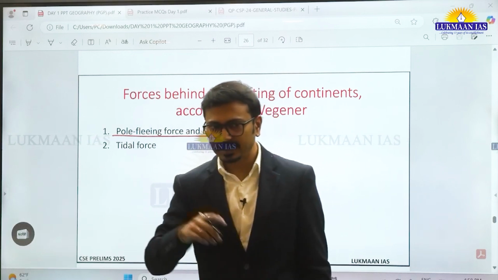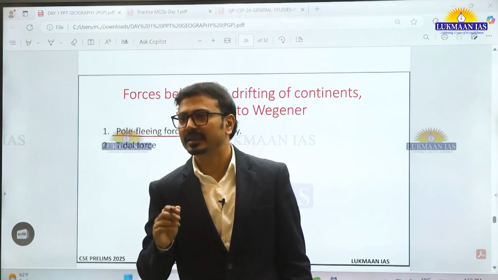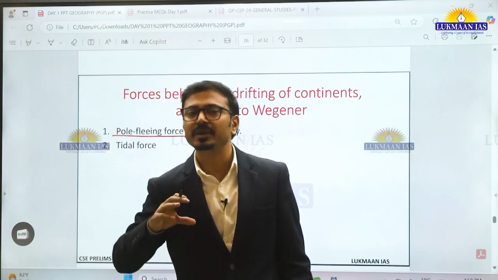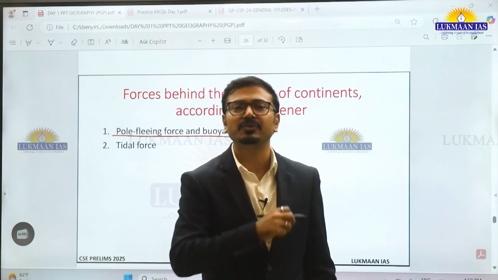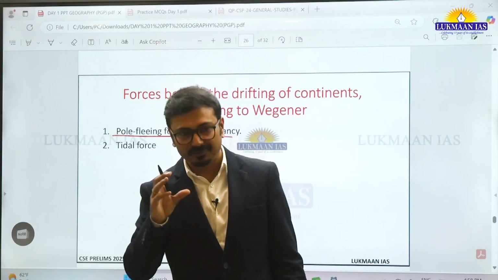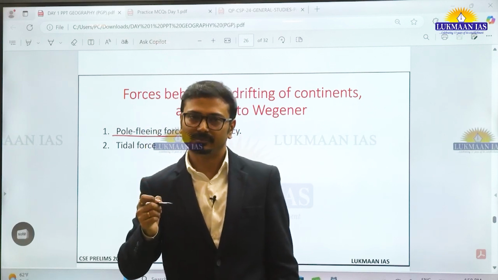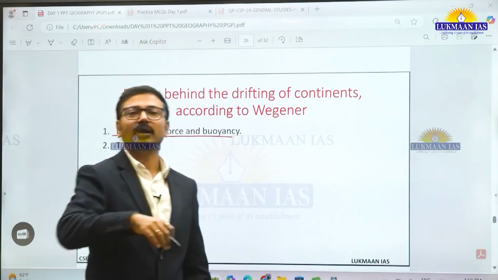And if the body is rotating, what will happen to the solid parts? They will move away from the axis because of centrifugal force. And when they are moving away from the axis, they will move from pole towards the equator. Basically, this is polar fleeing force.